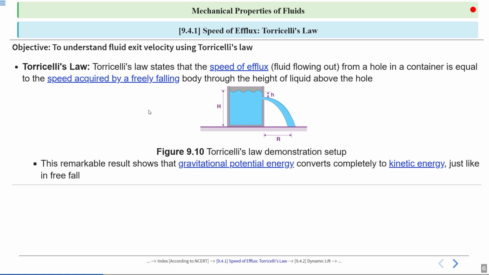This result is remarkable because it shows that all the gravitational potential energy of the fluid at a height h is converted into kinetic energy as it exits the hole, just like an object in free fall.